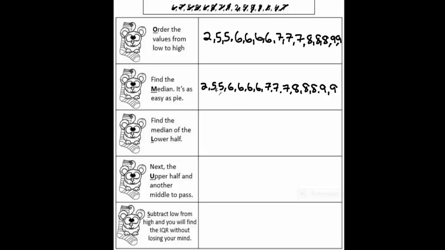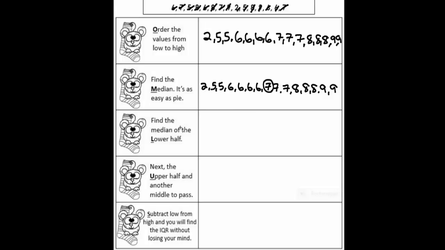And let's count the numbers: 1, 2, 3, 4, 5, 6, 7, 8, 9, 10, 11, 12, 13, 14, 15. So our middle number should be our 8th number here, which is 7. So 7 is our median.